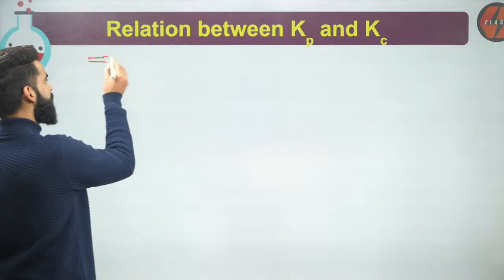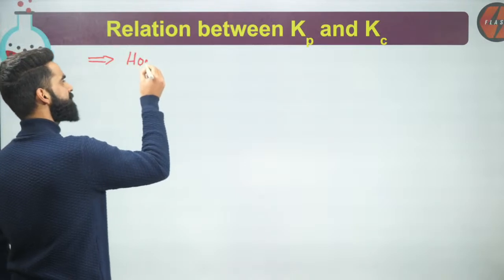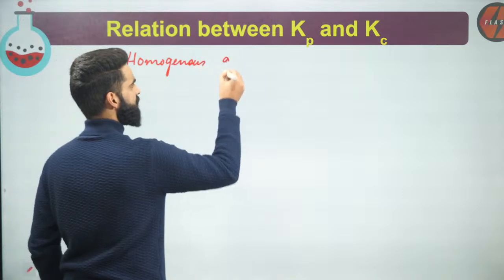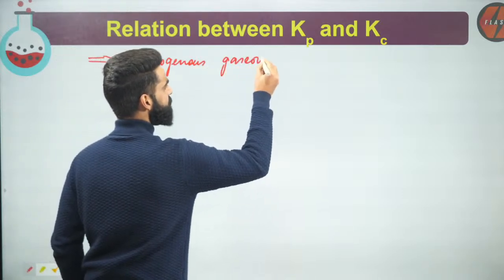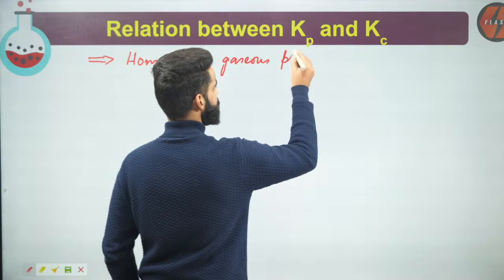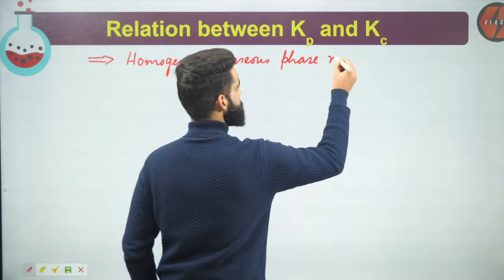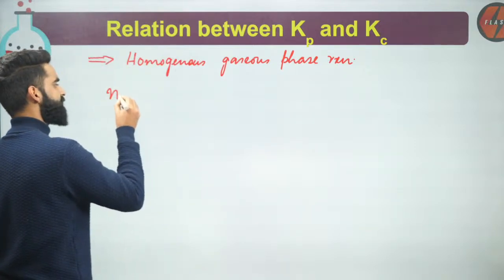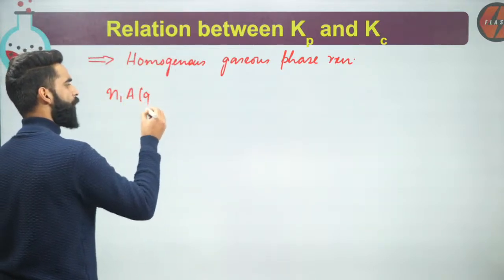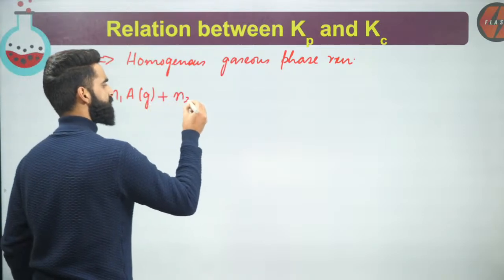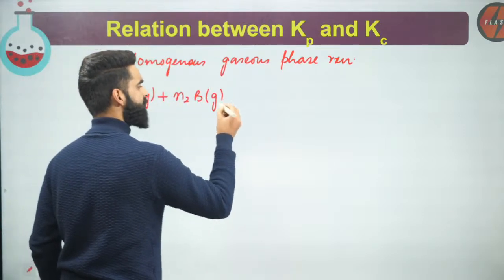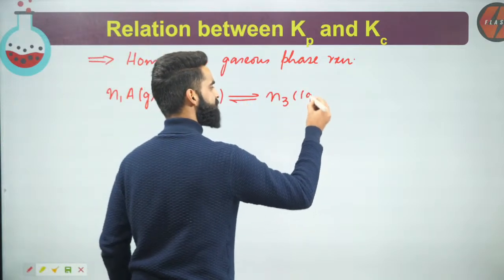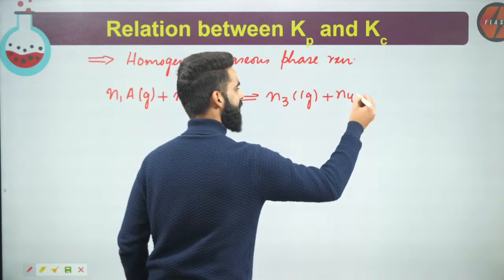First of all, I'll be taking one homogeneous gaseous phase reaction. Let's say I'm taking the reaction as n1A, which is in gaseous form, plus n2B, which is in gaseous form, in equilibrium with n3C, again in gaseous form, plus n4D, again in gaseous form.